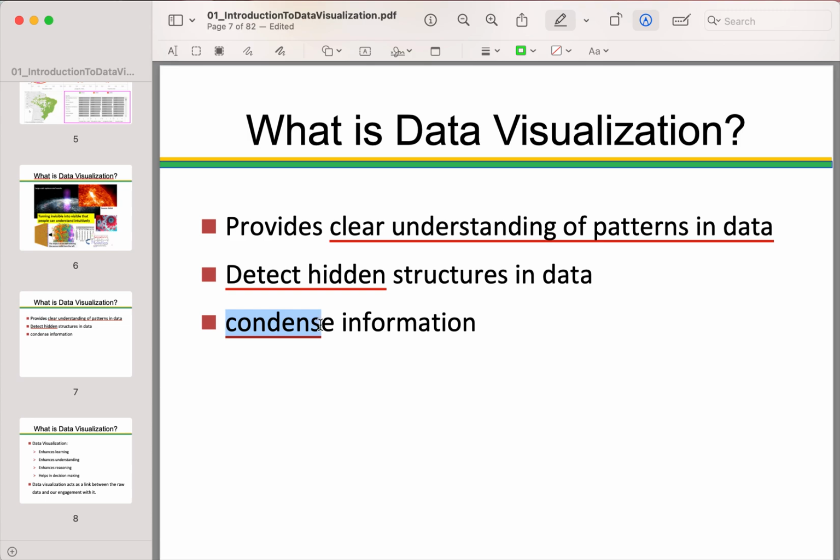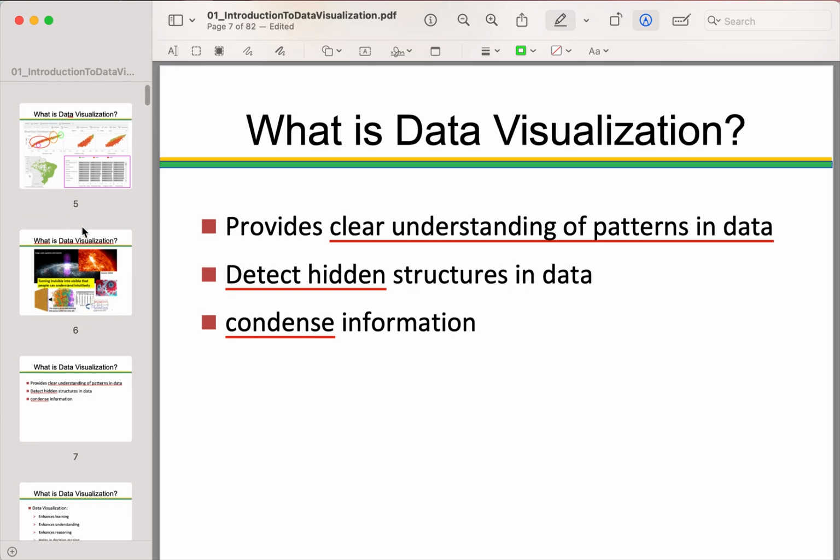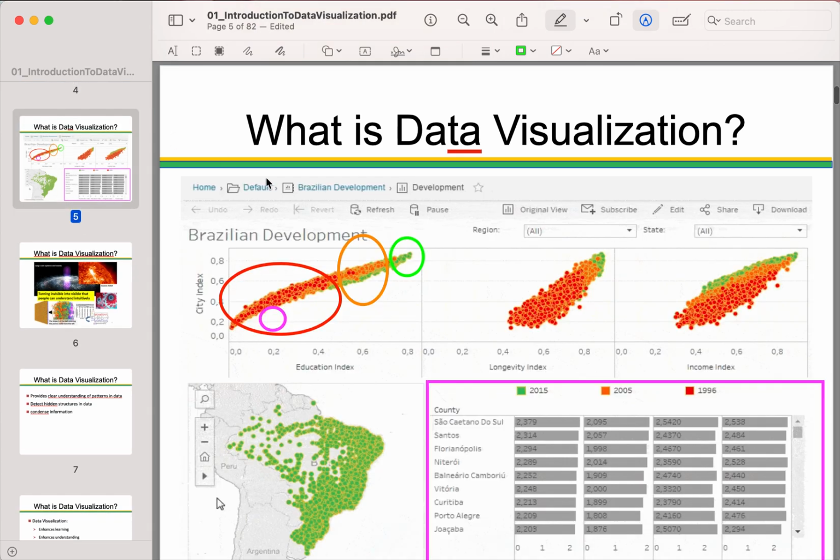It also allows us to aggregate the information. So, to aggregate, let's say, all the young people of Brazil are placed into the lower left corner. Guess what? We just aggregated all of the young people into the same spot on this visualization.